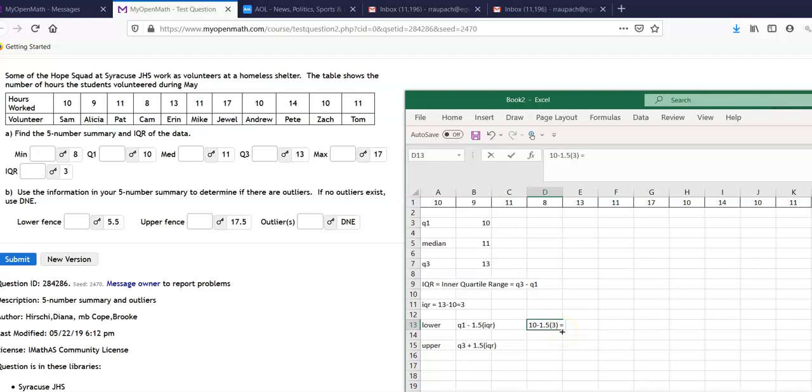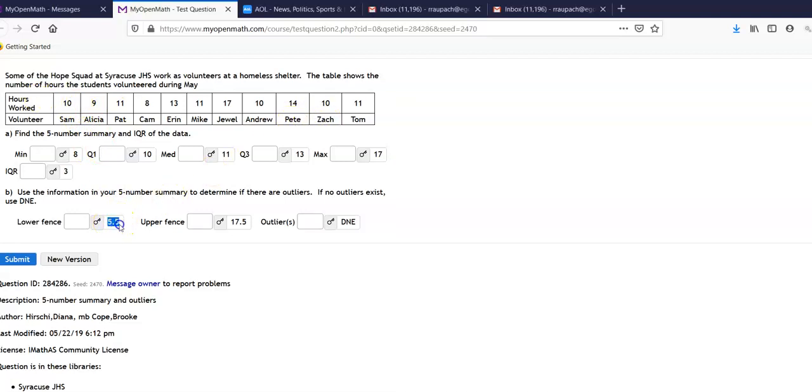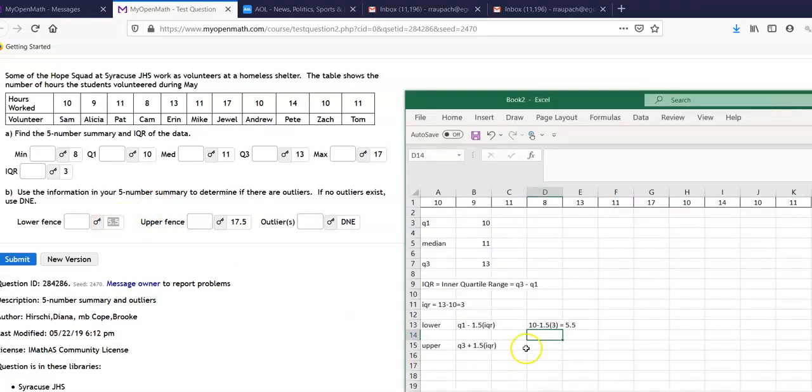So on your calculator, just hit 10 minus 1.5 times 3, and I get 5.5, which is the answer right here, okay? So in other words, if there were a piece of data in here that were lower than 5.5, it would be considered an outlier. There isn't, so there aren't any numbers that are much lower or considered an outlier as far as lower goes. Let's see if there's one for an upper, okay?